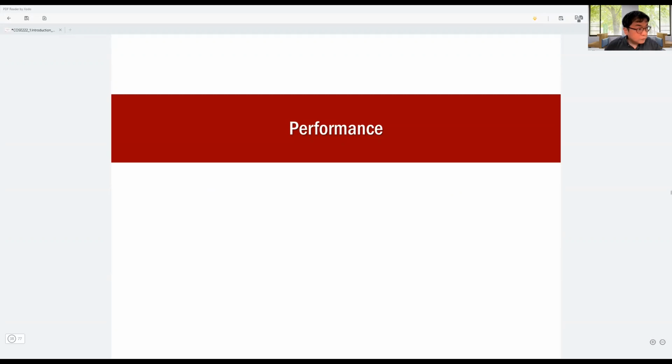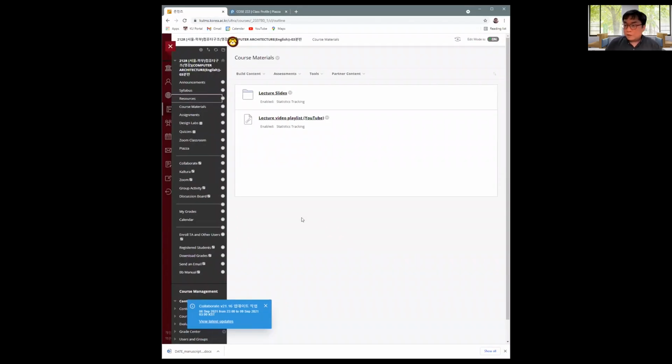Before starting today's class, this is the Blackboard of Korea University. As you can see, I added some links for the Zoom classroom and the Piazza.